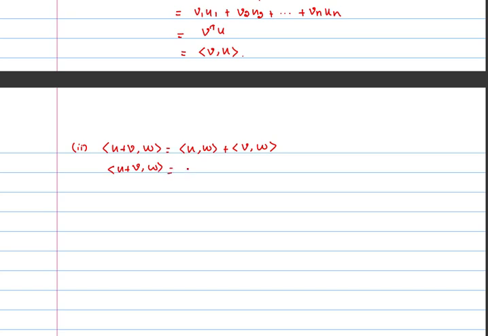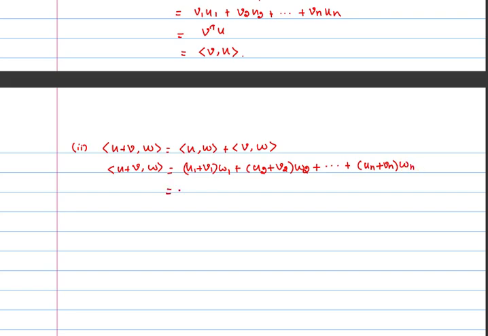This is u1 plus v1 multiplied with w1, plus u2 plus v2 times w2, and so on, un plus vn times wn.